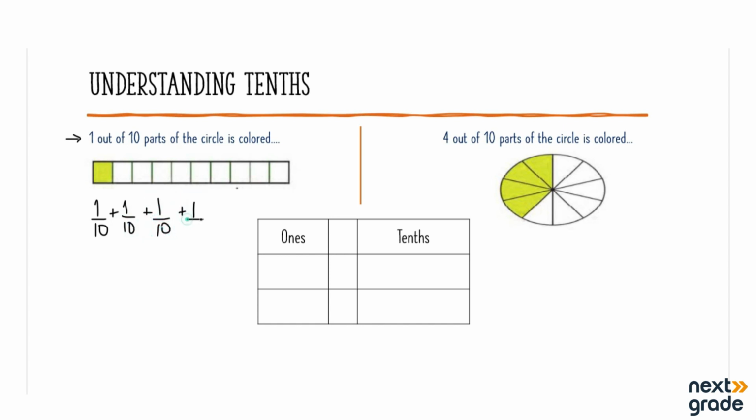अगर हम इसमें 10 fractions add करते हैं 1 by 10 की, ठीक है? We keep on adding the 10 fractions. तो ये क्या बनेगा? One more, and 1 over 10.